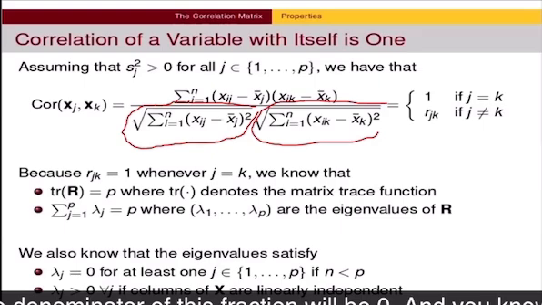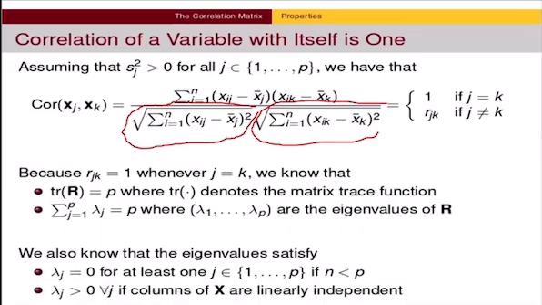And you know the mathematical implication, right? When the denominator of a fraction is zero, it will be undefined. And that's why here we are emphasizing that the variance of each variable has to be greater than zero. Otherwise, we will not be able to obtain correlation.